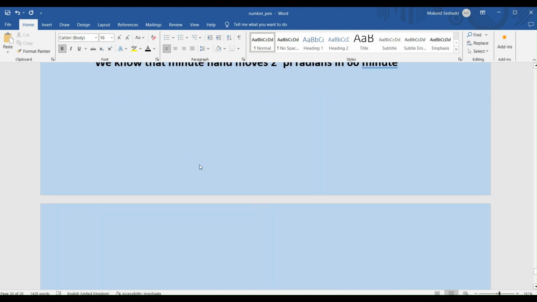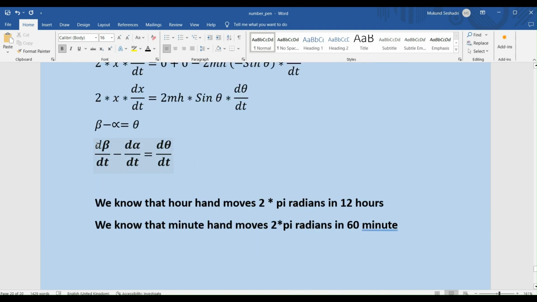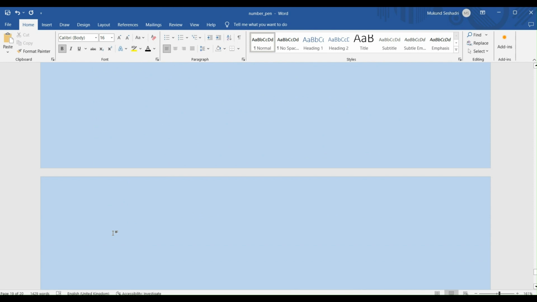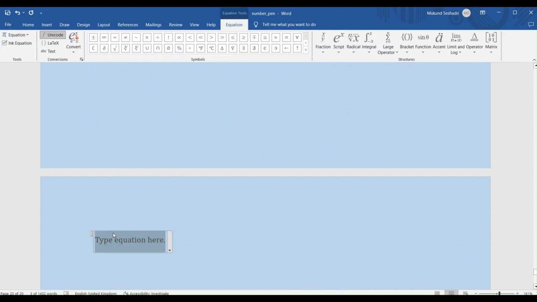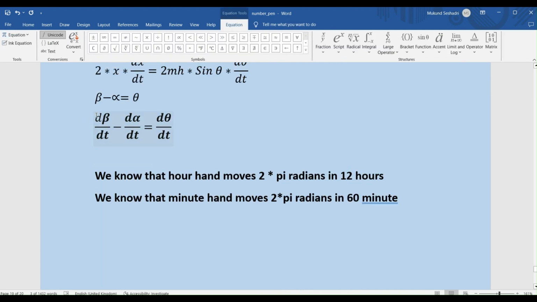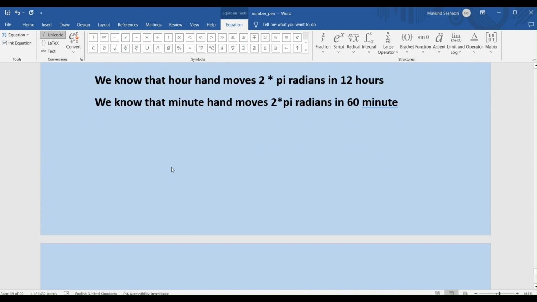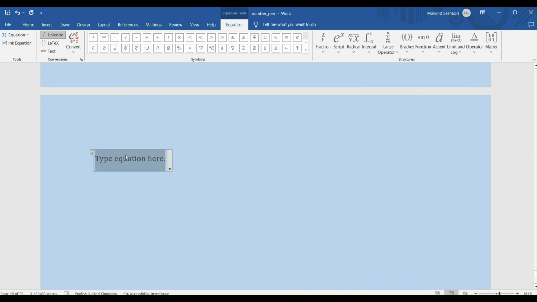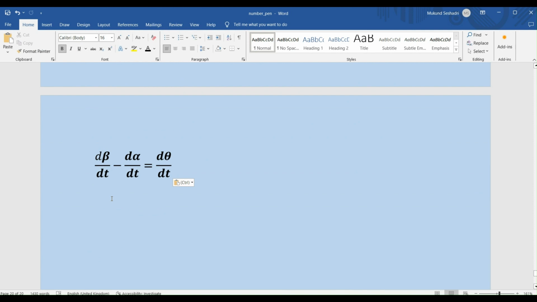So I'm going to rewrite this equation. What's my d beta by dt?